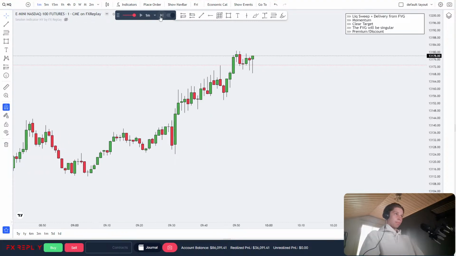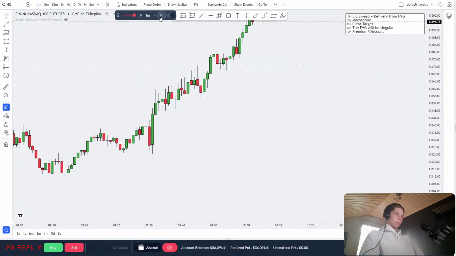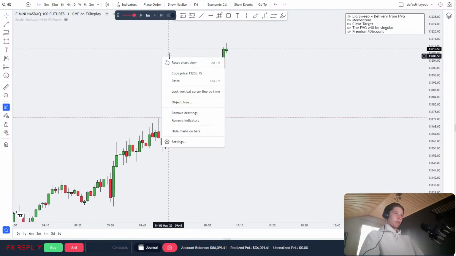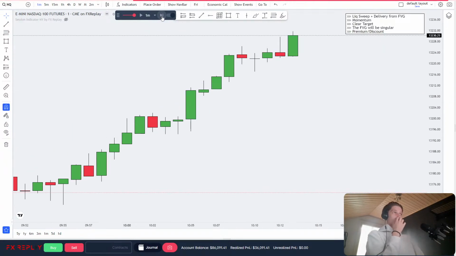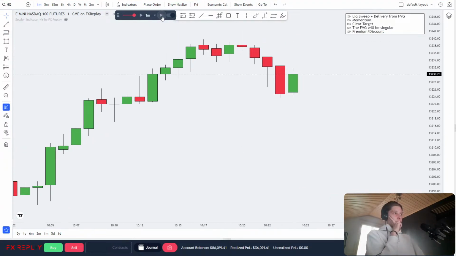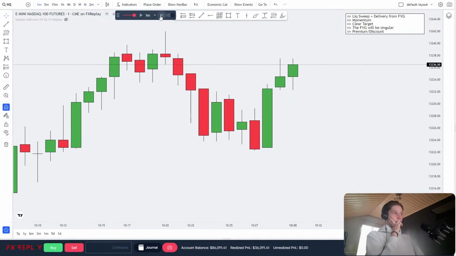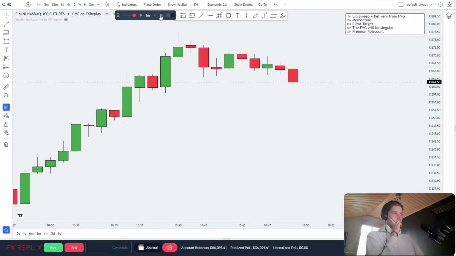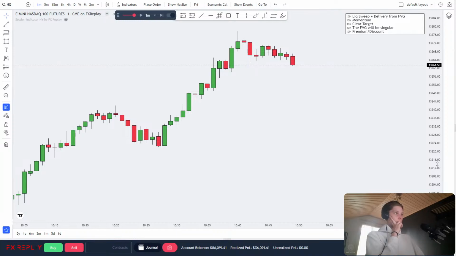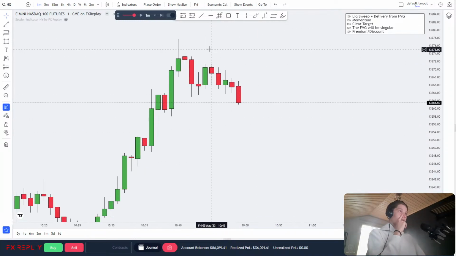Do we flip any of the gaps? You know what I'm saying? We're just moving higher pretty much. No gaps flipped here. So one gap flipped, but it's a very choppy flip.